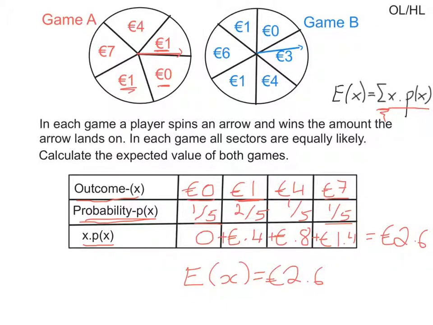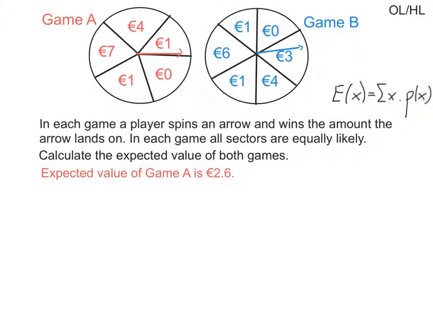Now we'll move on to the expected value of game B. For game B, we will not use a table. Instead, we will follow the formula. The expected value of x for game B is equal to x times the probability of x. We'll take 0 as our first x.